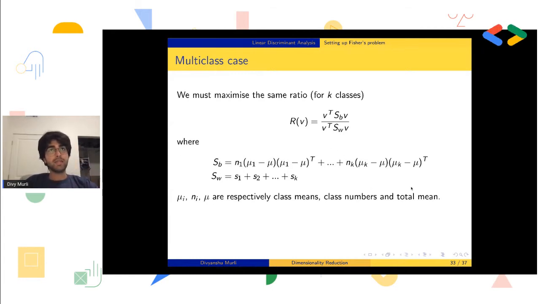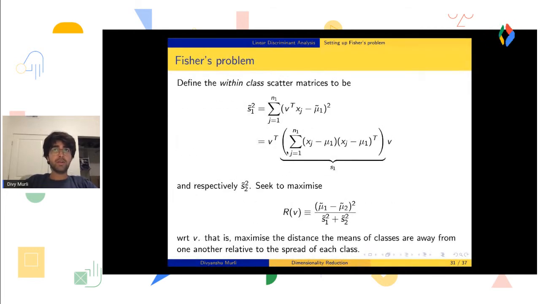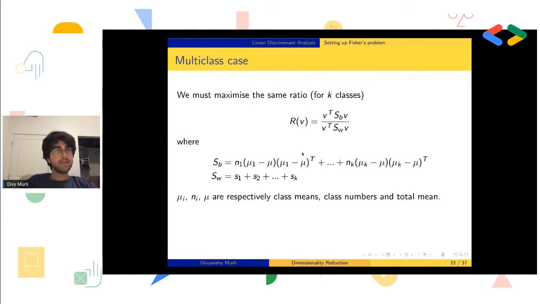That's the between class. We want all the classes to be as far away as possible from the total mean, and the within class is just the same S's we defined earlier, but for each respective class. And again, that's the same generalized eigenvalue problem.